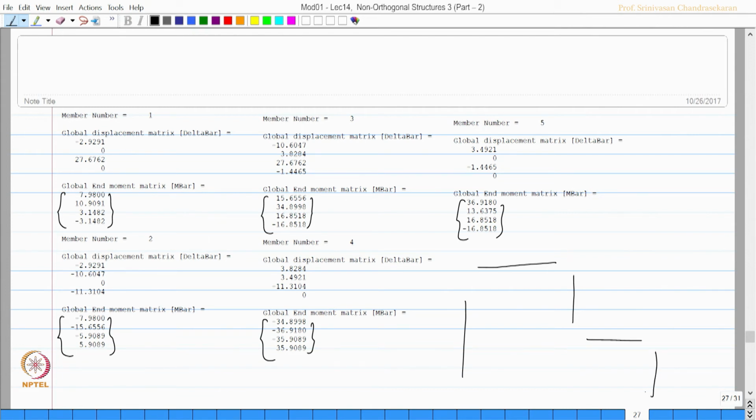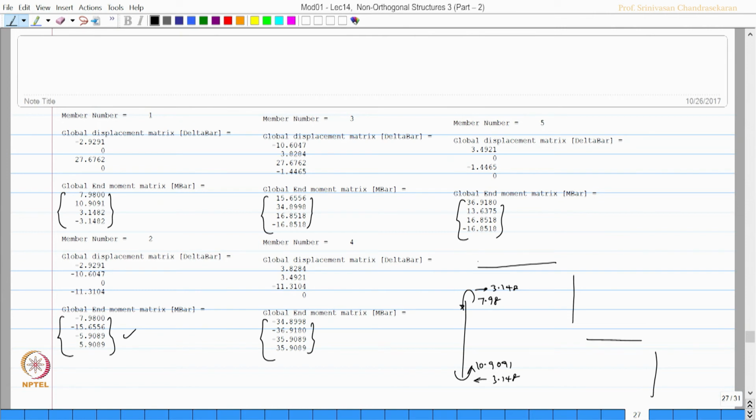So, the values are very simple. I am looking for member 1. So, this is 7.98, 10.9091, this is 3.148, this is 3.148. Similarly, member 2, if you look at, these are the values.